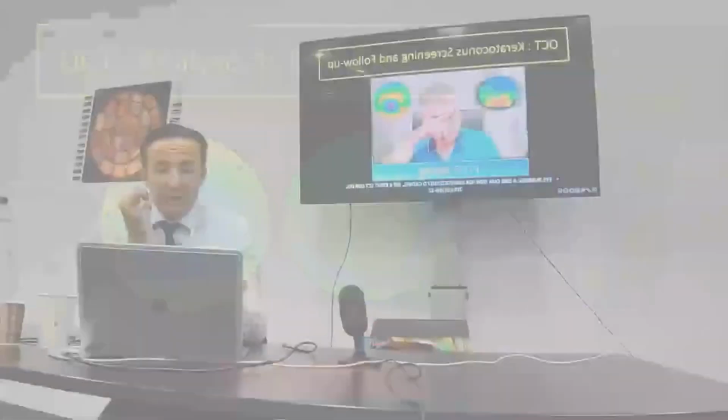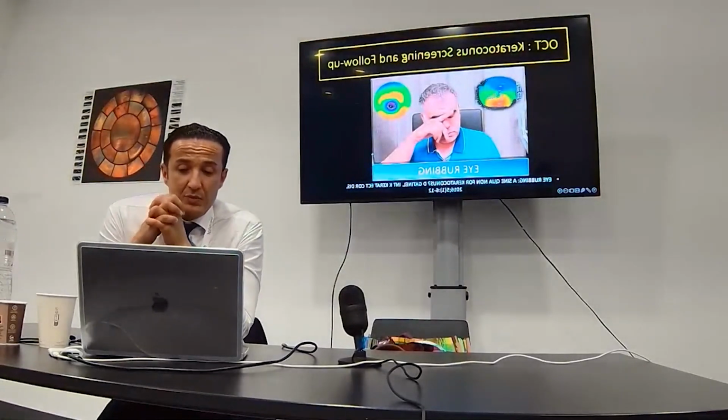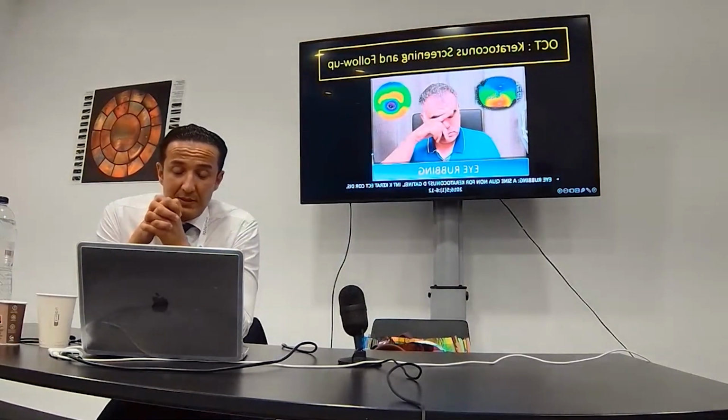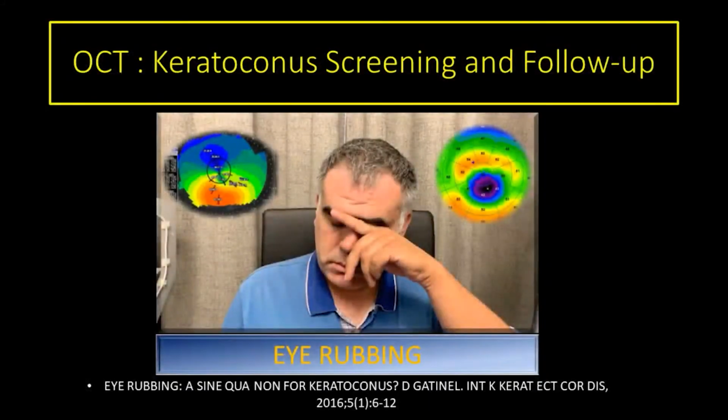And also, epithelium mapping can be useful for keratoconus screening. Dan Reinstein was the first to describe this aspect with the thinning of the epithelium above the cone, associated with a hyperplasia donut.